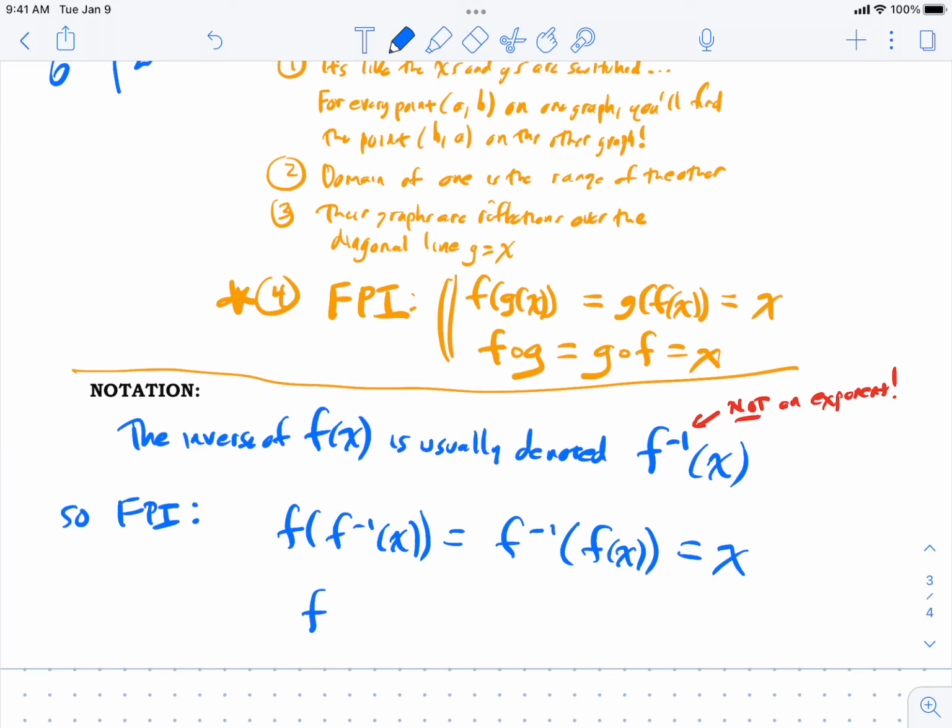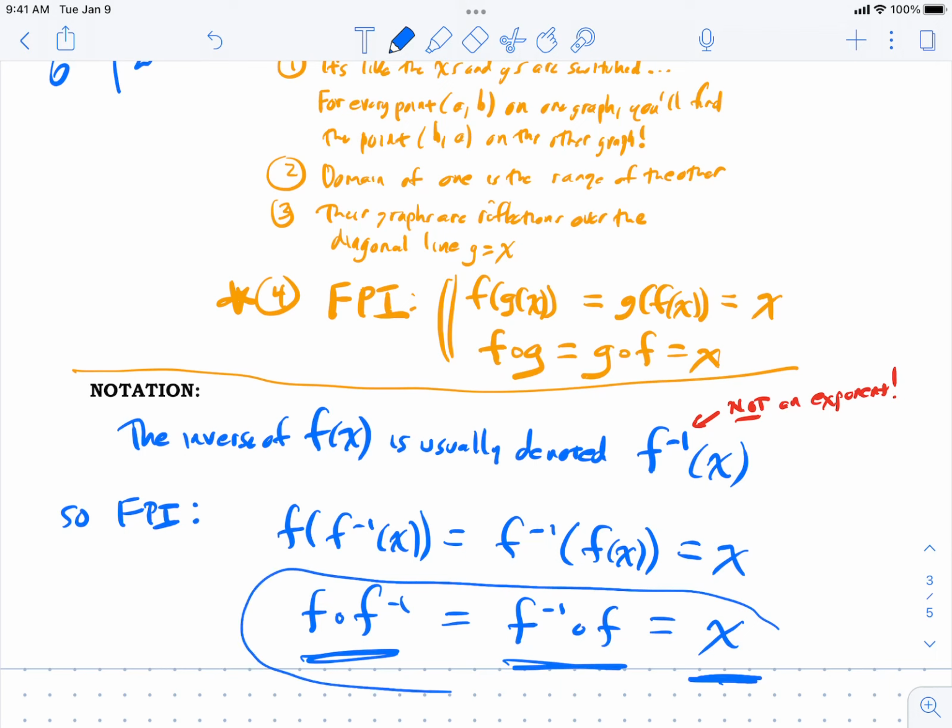You could also say, f composed with f inverse is the same as when you compose f inverse with f. In either case, the result ultimately just reduces to x. Notice it's a nice way of saying it has to work both ways. Make sure you check it both ways.